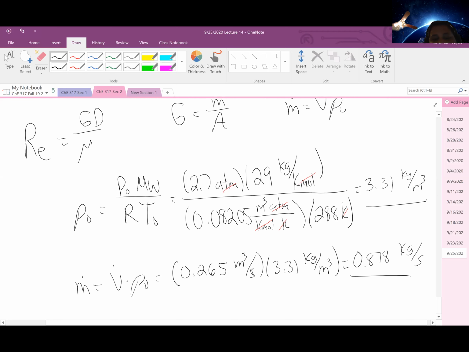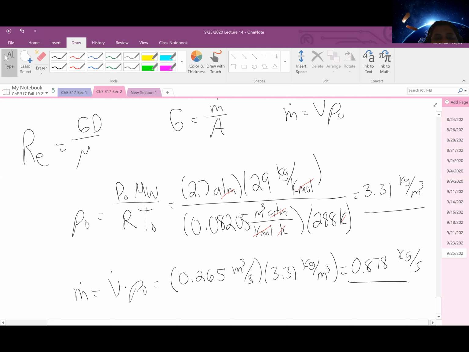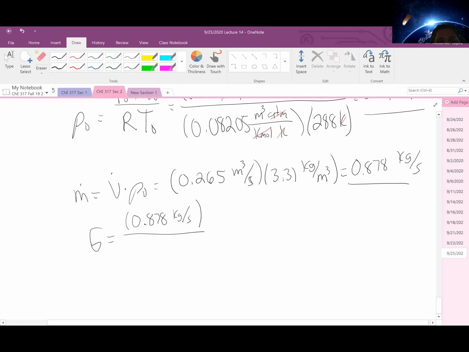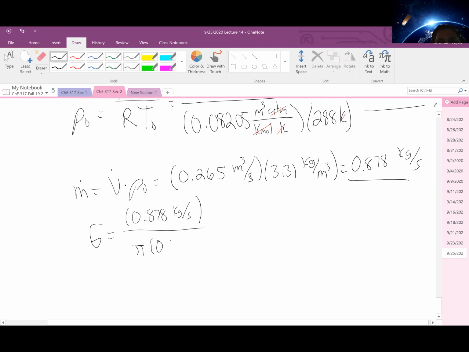So now that we have our mass flow rate, we can solve for our mass flux, which in this case is going to be our 0.878 kilograms per second divided by the flow area, or pi times 0.075 meters squared over 4.